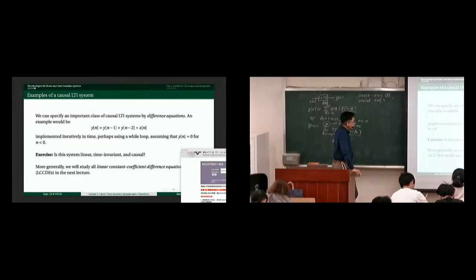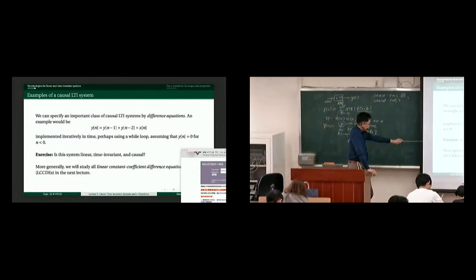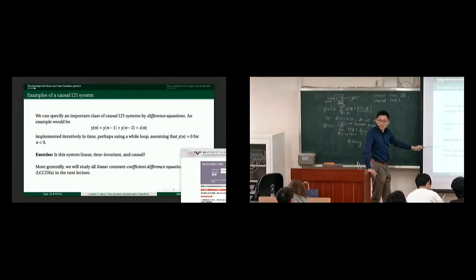Okay? This is a very simple example, and I try to share with you that hopefully we agree this system is indeed linear and time invariant. And is it causal? How about the impulse response? That's what we need to check with the definition. Is this system causal?